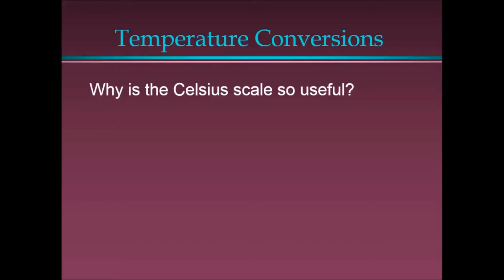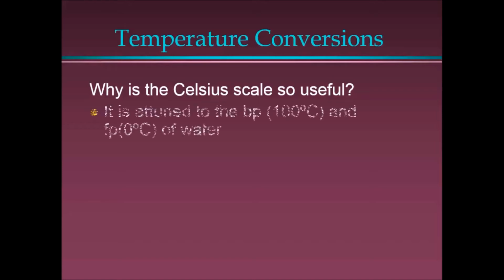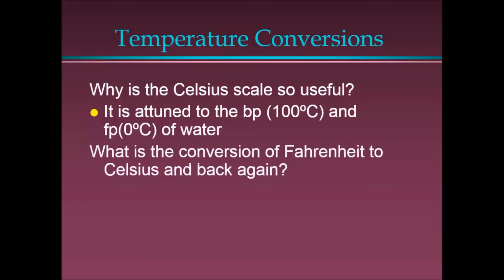I think by ice you meant the freezing point of water. He's absolutely right. The most important chemical in our lives is water, and Celsius is attuned to water, where 0 is the freezing point of water, and 100 is the boiling point of water. So it makes sense to us.